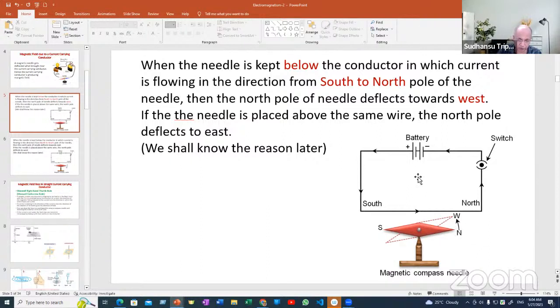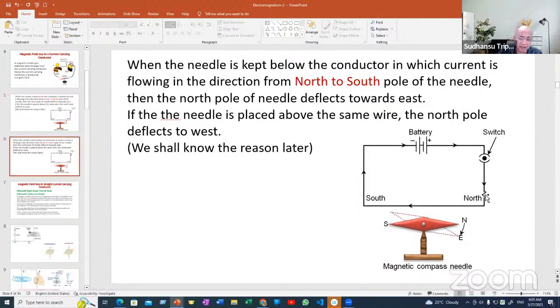And if you keep it above this wire, then this north pole will be deflected to the east. The opposite thing will happen due to the cancellation and reinforcement of fields between the two magnetic fields, the magnetic field created by the moving current and the magnetic field of this permanent magnet.